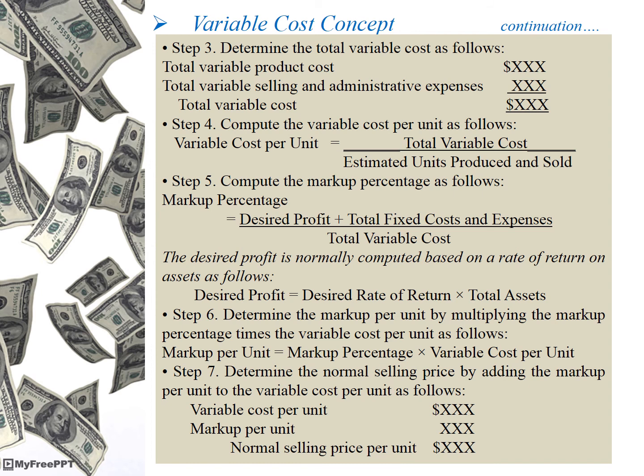Determine the markup per unit by multiplying the markup percentage times the variable cost per unit as follows. Markup per unit is equal to markup percentage times variable cost per unit. Step 7. Determine the normal selling price by adding the markup per unit to the variable cost per unit as follows. Variable cost per unit plus markup per unit is equal to normal selling price per unit.